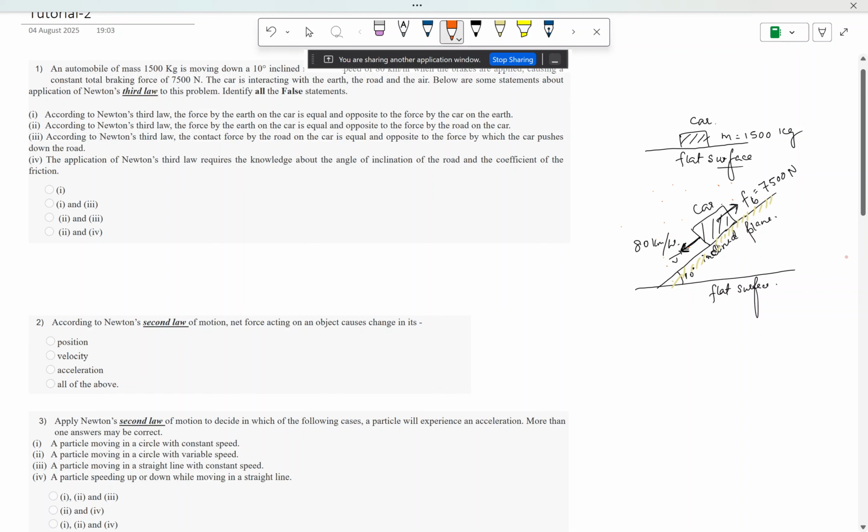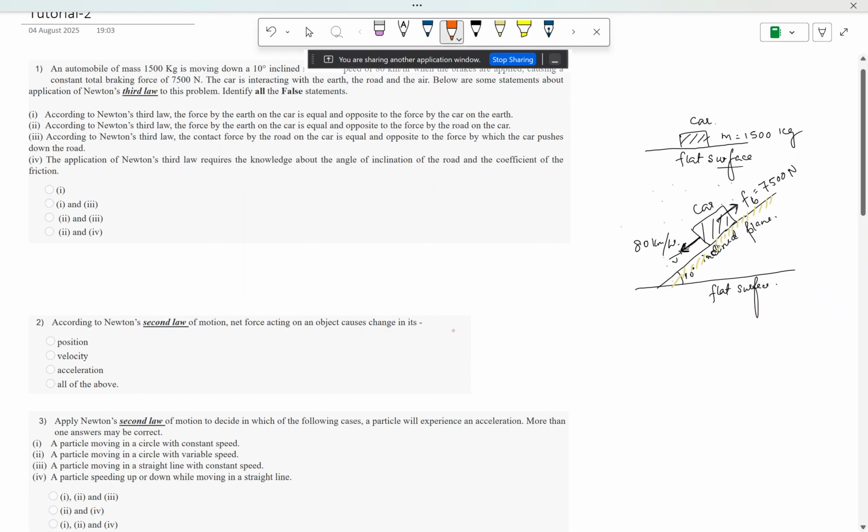Okay, so that means if there is a force acting between two bodies, and if one body is giving a force on the other body in some particular direction, then there will always be a partner force, which will be applied on the first body by the second body in just the opposite direction, but they will be of the same value.